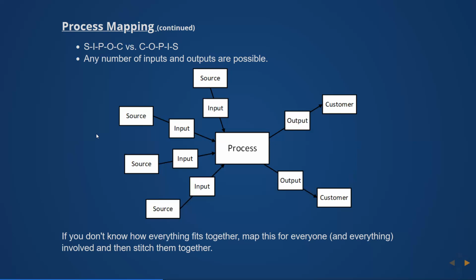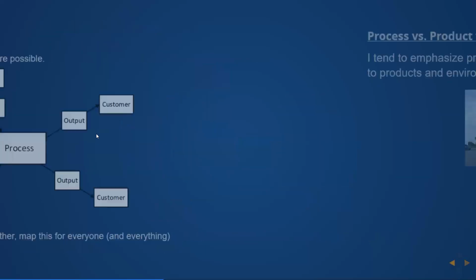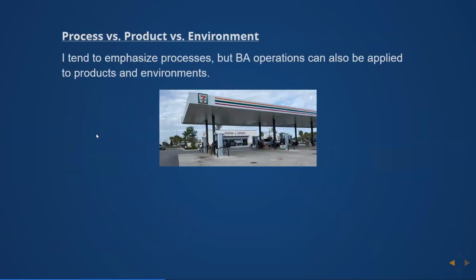And if you talk to the right people, they're saying, okay, you forgot this, that shouldn't count, and so on. That's in, that's out of scope. So like I said, I tend to think in terms of processes, but we can also do all this for products and environments.